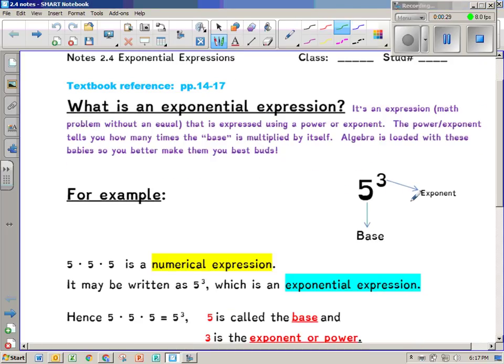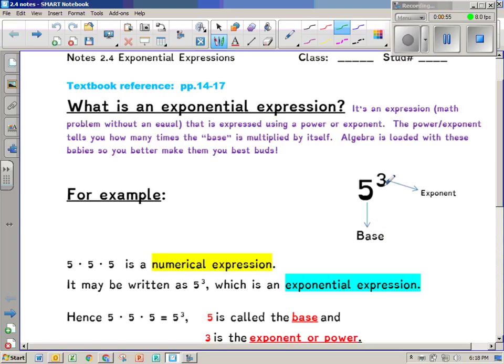Down here, this whole thing is called an exponential expression. It's exponential because it has an exponent in it, and the exponent is the 3, and we call this number here the base.